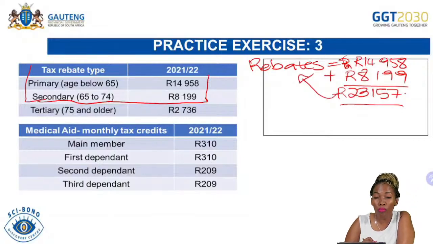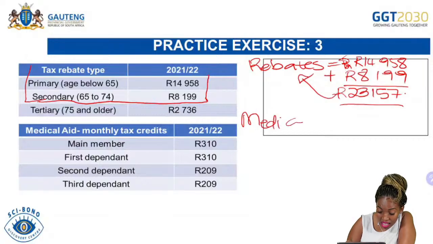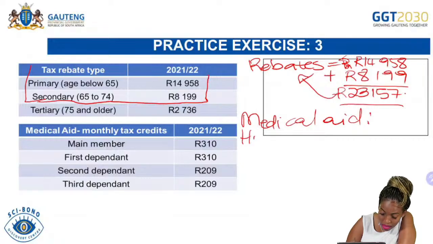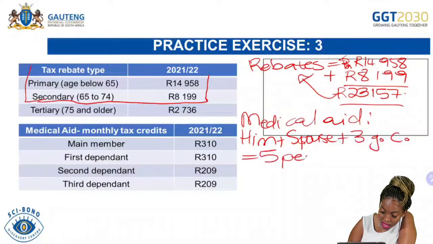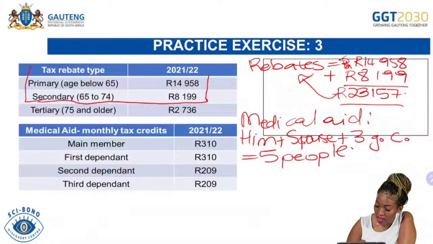But remember, he's also paying for medical aid. And remember, for medical aid, it was him, a spouse, a wife, and 3 grandchildren. So I'll just say 3 GC. So all in all, he was paying medical aid for 5 people. Now let's calculate his medical aid discount.